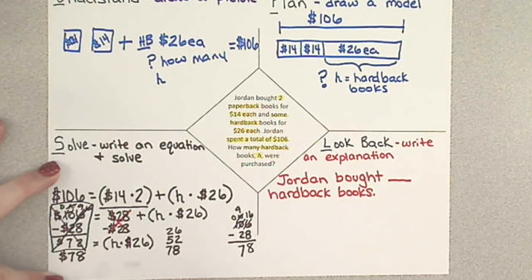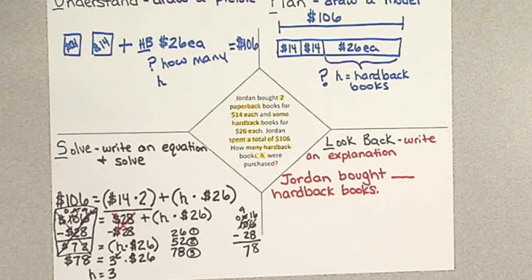So I now know that 78 equals 1, 2, 3. So H equals 3 times 26. So H equals 3, and he bought 3 hardback books.